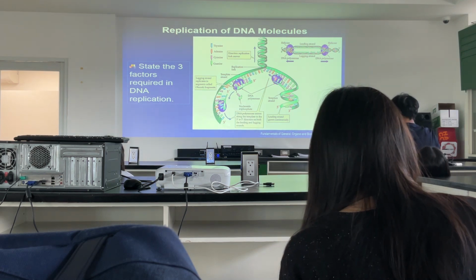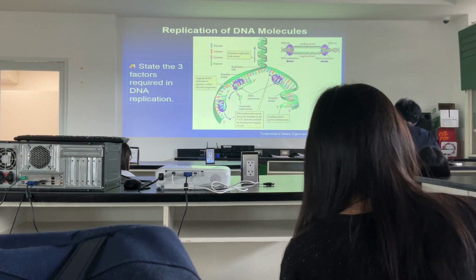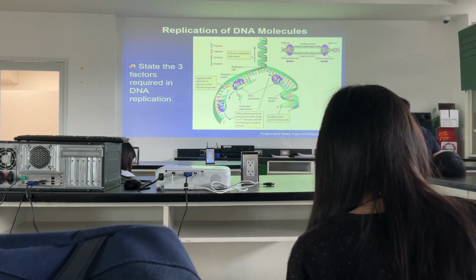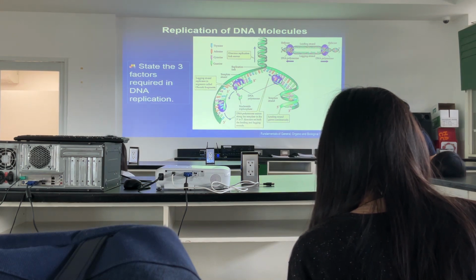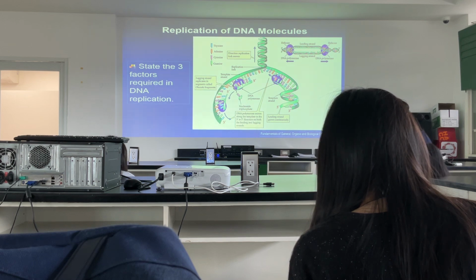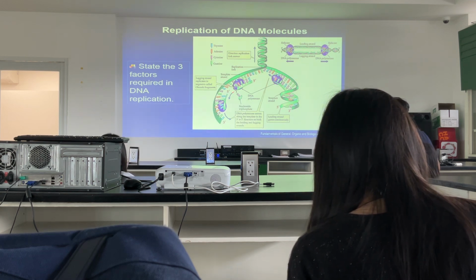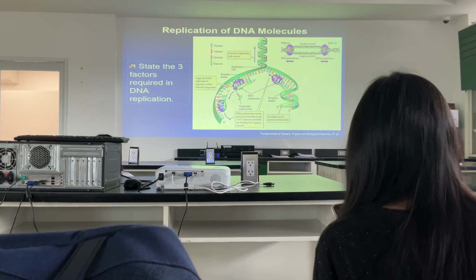And the last is DNA ligase, L-I-G-A-S-E. What is the catalytic activity of DNA ligase? For example, in this strand, synthesis of a daughter strand, or complementary strand, will occur in fragments.